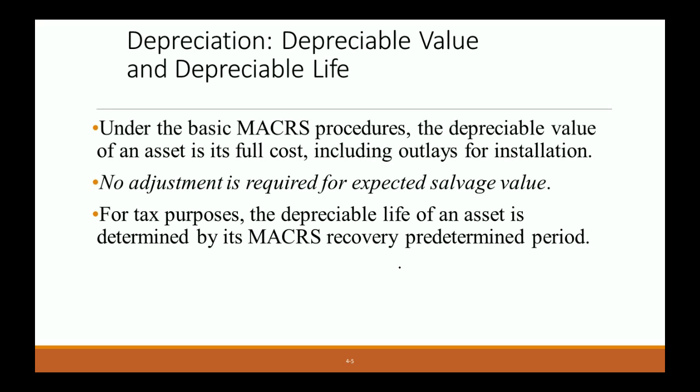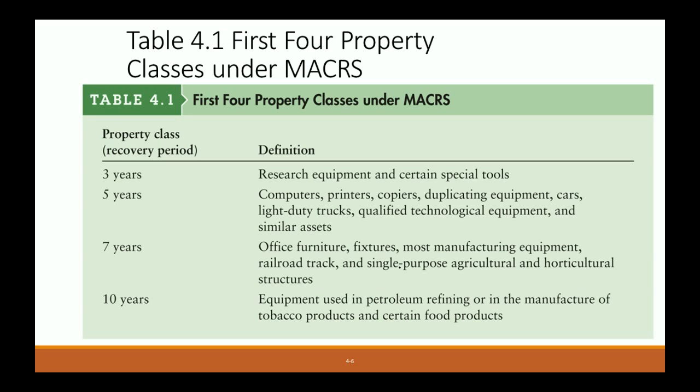The depreciable life of an asset is determined by these different property classes. So there's a 3-year, 5-year, 7, and 10. And depending upon what type of equipment that you've purchased, it's going to fall into a different property class.